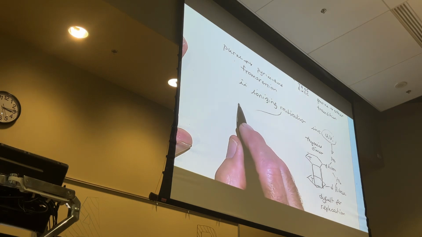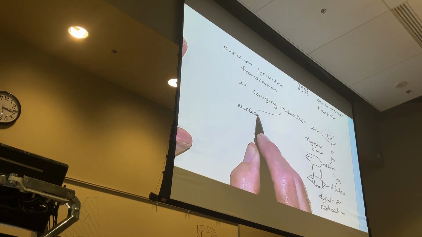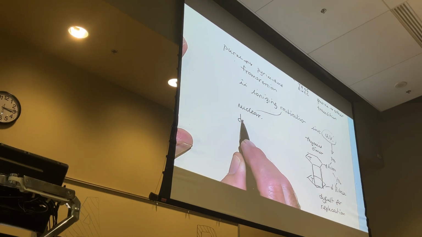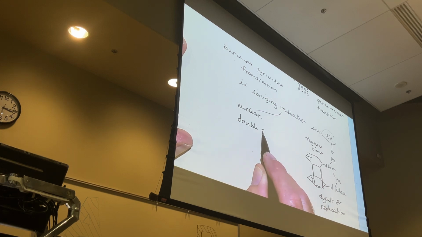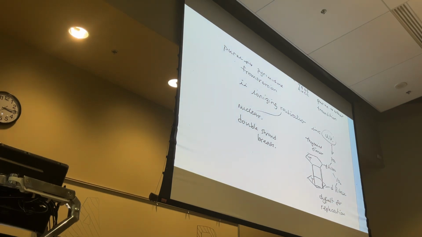Then there is the nuclear radiation, which tends to cause double strand breaks. Whether that causes mutation or not depends a lot on how that break gets repaired.